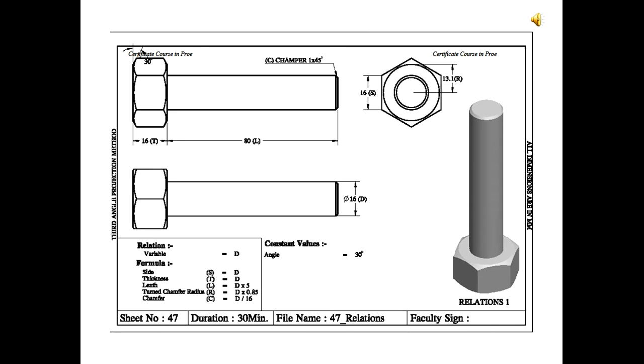Now in these formulas, the left hand side of the formula is called a driven dimension, and the RHS, right hand side of the formula, are called driving dimensions. You can modify only the driving dimensions, that are the dimensions on the right hand side of the equation.